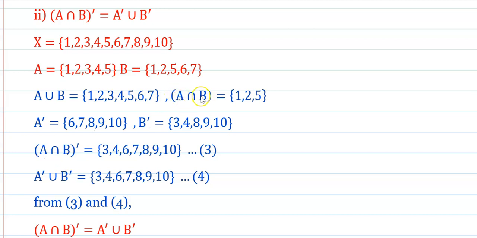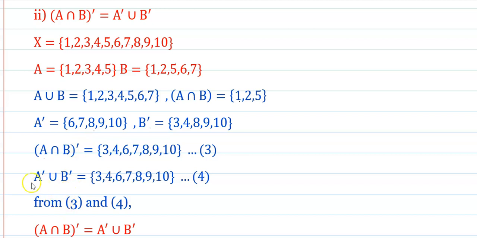(A intersection B) complement means the elements other than 1 to 5 but they are in U. Then what are the elements? The elements are 3, 4, 6, 7, 8, 9, 10. This is the (A intersection B) complement.